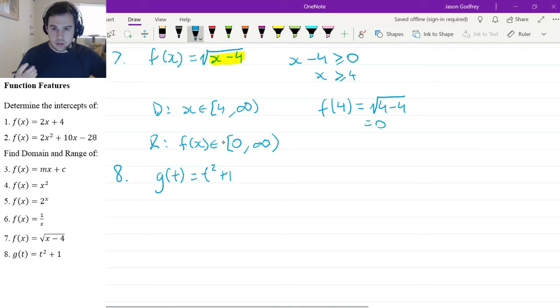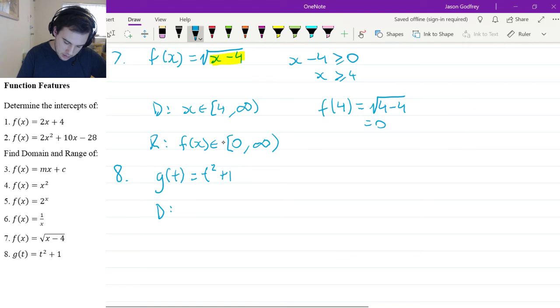So you might want to translate this in your head as the graph of y equals x squared plus 1, which is a parabola that's been moved up 1. So what's the lowest value you could get in here? Well, let's first do the domain. Can you put in any number you want in here? Sure can. Any number, you can square it and add 1 to it.